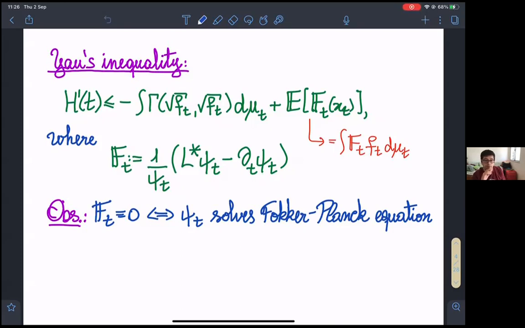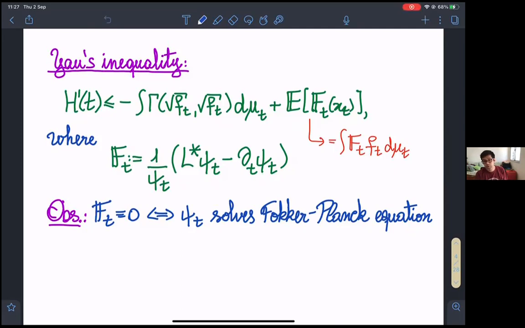And now this inequality turns into a variational problem. We have to bound the entropy, and we have something negative, which is this Carré du champ, which is let's say a sort of energy. And we have an expectation of some function. So if we can estimate the integral by the energy, and maybe the integral by the energy plus the entropy, then we're in good shape to prove a bound for the entropy.